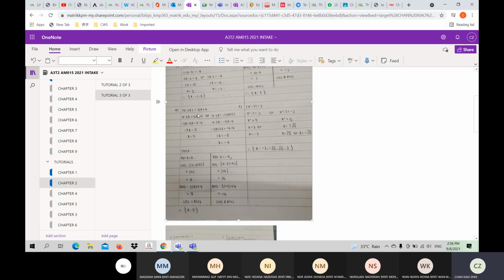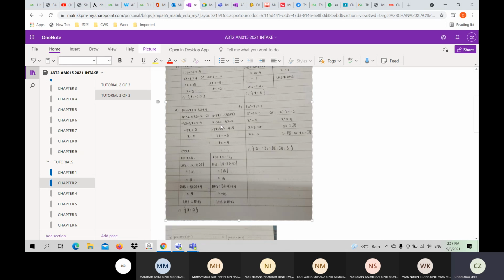The other one is 4 minus 3x equals to negative 5x plus 4. So negative 3x minus 5x. Ini positive 5x pindah ke left hand side akan jadi negative 5x equals to 4 minus 4. So negative 8x equals to 0. X will be equals to 0.